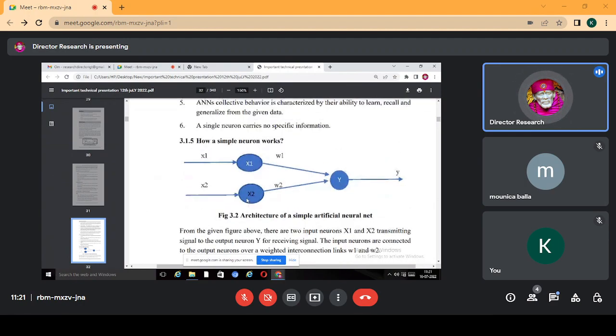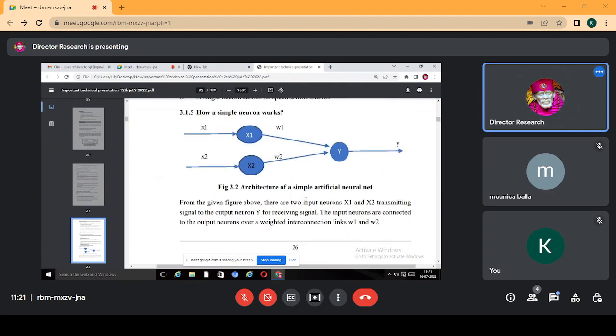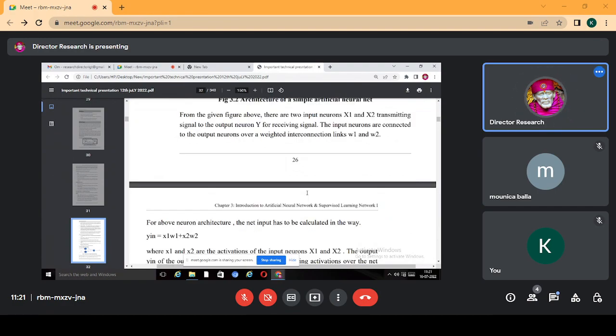How does a simple neuron work? Just see the inputs and corresponding weights. From the above, there are two input neurons X1 and X2 transmitting signals to the output neuron Y. The input neurons are connected to the output neuron over weighted interconnection links W1 and W2.